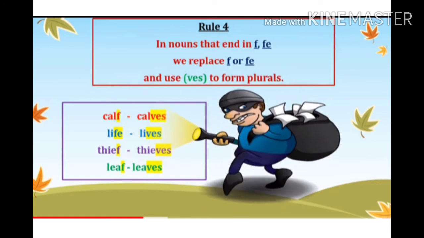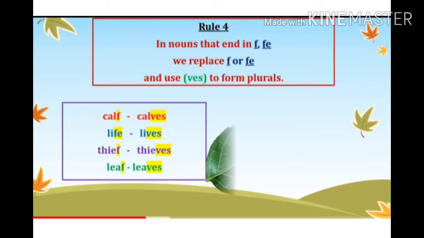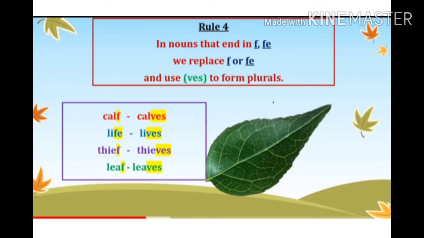The next one is thief that ends with F. Cut F and use VES. And the last one here is leaf. Cut F and use VES and your plural will become leaves.